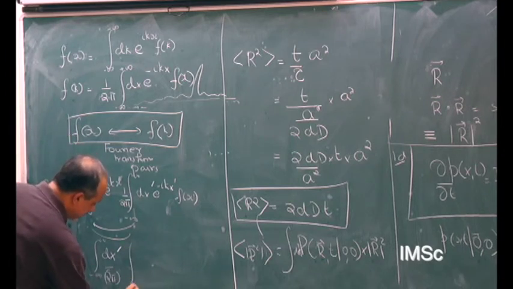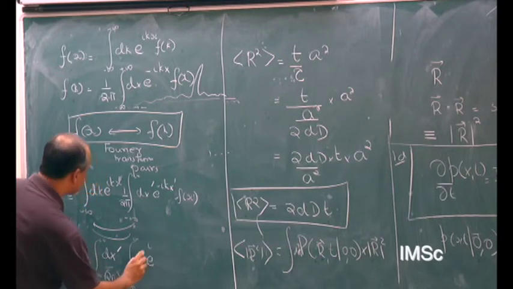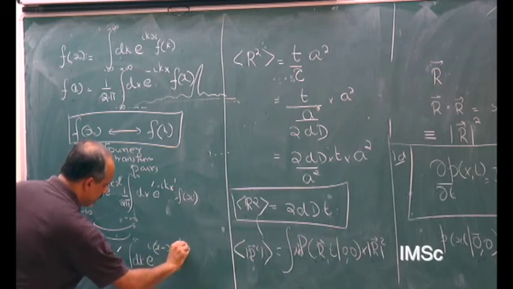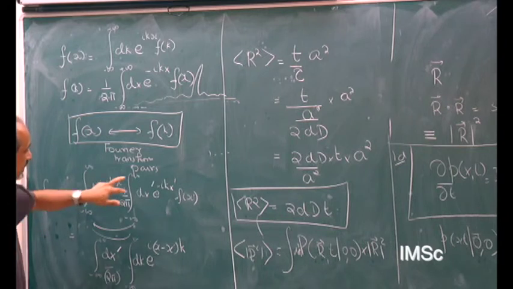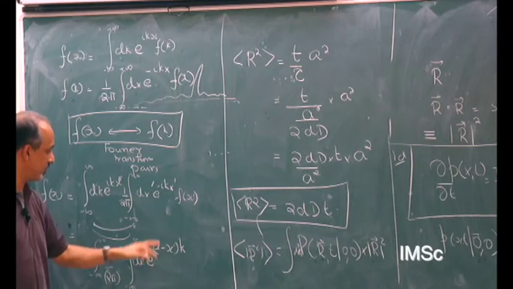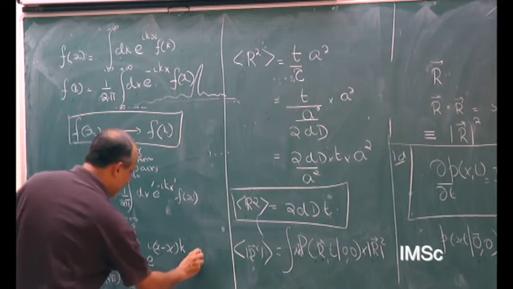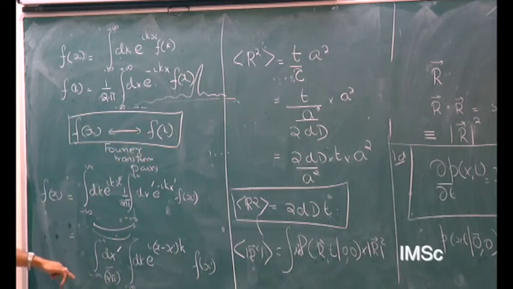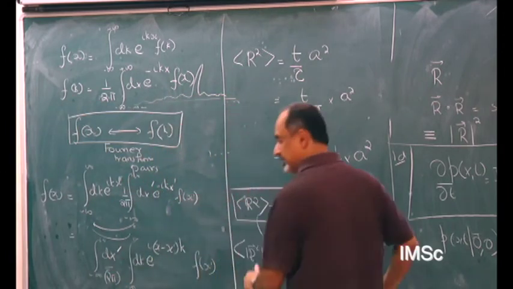I can write an integral minus infinity to infinity dk e to the power i x minus x prime times k. I've taken this, combined it with this, put it all to the right, because both of these carry the k which is being integrated over. And finally, I have an f of x prime sitting here. You will agree that this is the same as this. All I've done is change the order of integration, pull out this exponential and write it in this particular form, and then simplify it in this way.